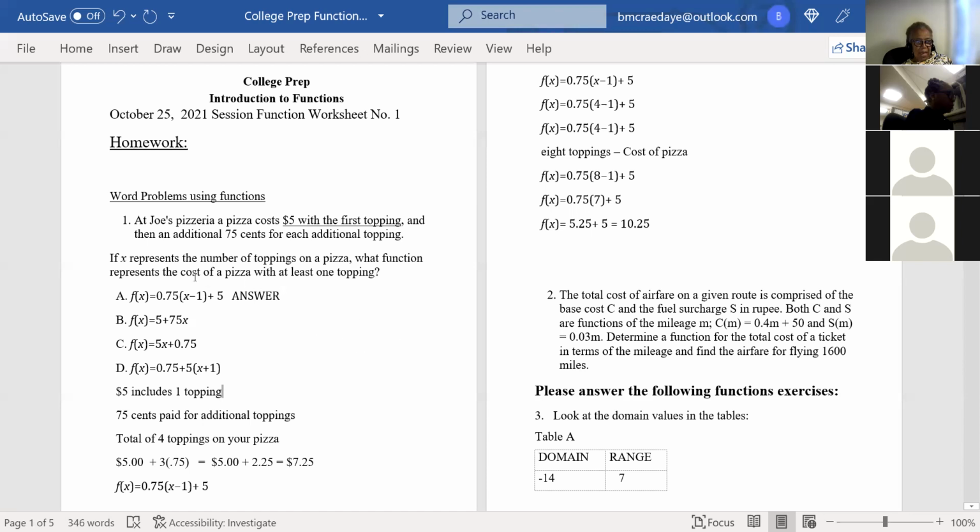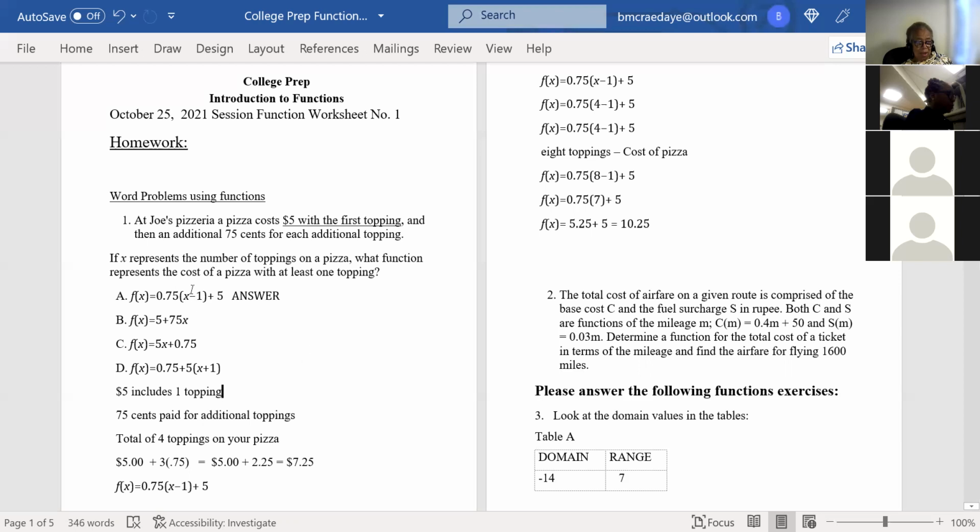Why does it have to be that? So we take 8 minus 1 makes 7. Yeah, you take the number of toppings and subtract one from it. The reason you subtract the one is because the $5 includes the first topping. So any additional topping, you multiply by the 75 cents.